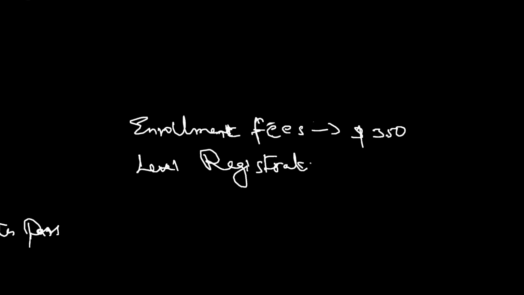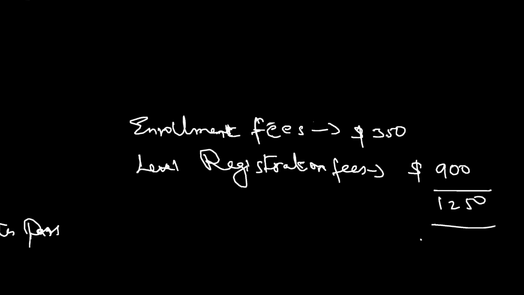Level 1 registration, when you register for the exam. With the early bird discount, 6 months before, your fees will be $900. So all in all, you will have to pay $1250 plus 18% GST if you happen to pay from India, right?